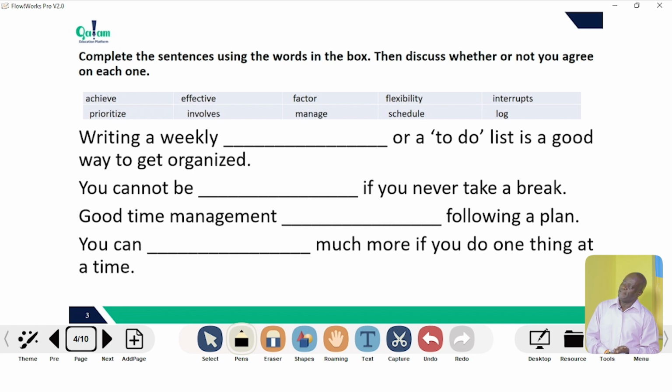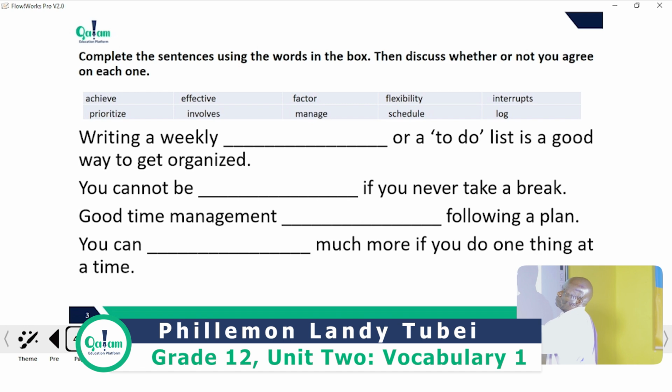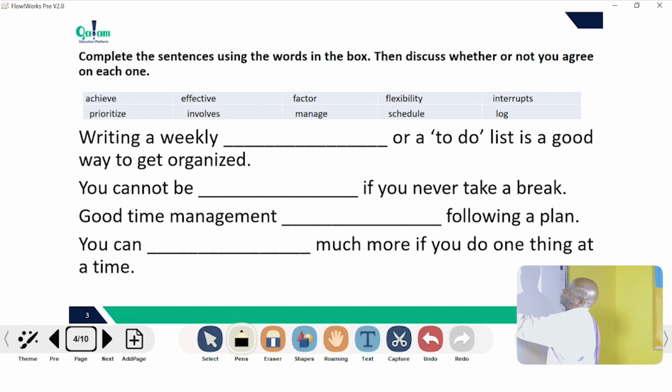Writing a weekly dash or a to-do list is a good way to get organized. Okay. Writing a weekly plan. Do we have plan anywhere? No, schedule, not plan.